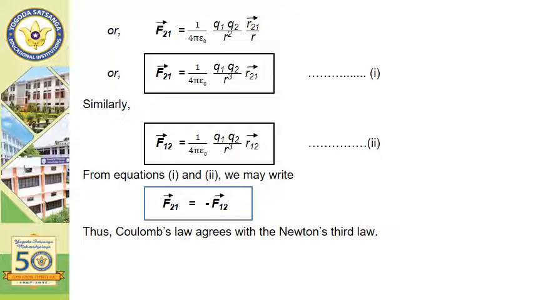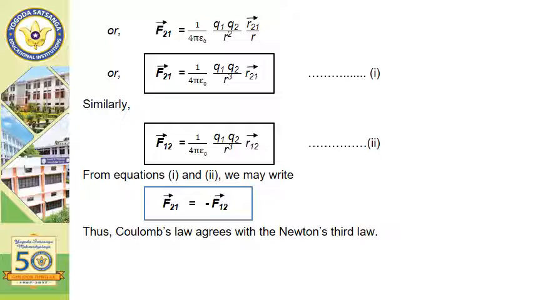Now F21 vector equals 1 by 4 pi epsilon naught Q1 Q2 upon r cube into vector r21. Here we have multiplied r square with the magnitude of vector r, and this will be equation 1. This equation represents the force of repulsion on charge Q2 due to charge Q1.